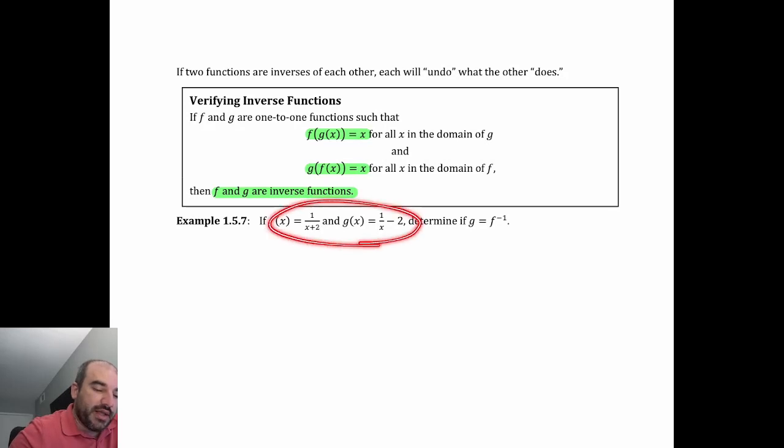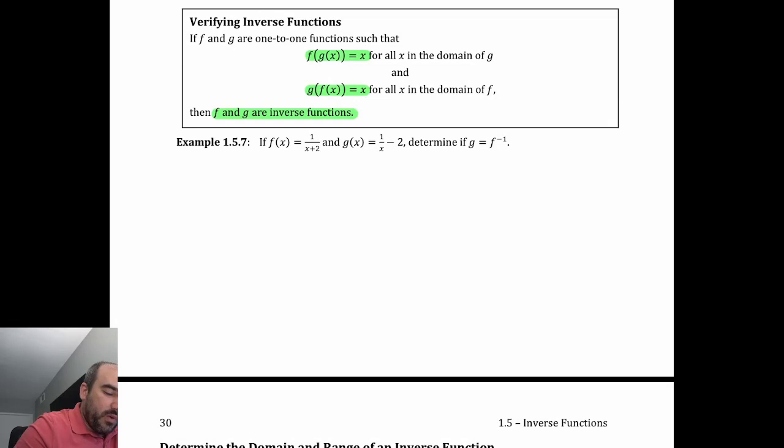So you'll be doing that with this example down here, where you need to simplify f of g of x, which we learned how to do last week, I think, or Monday. We did function composition.